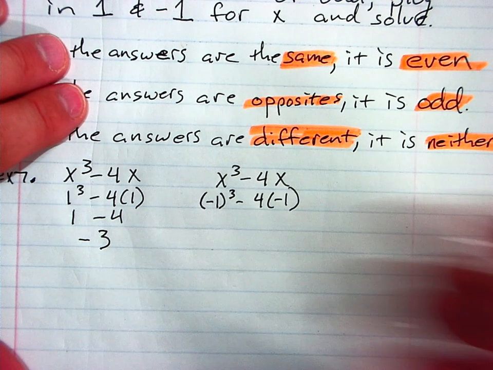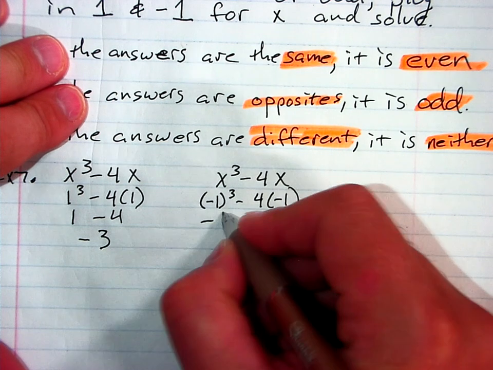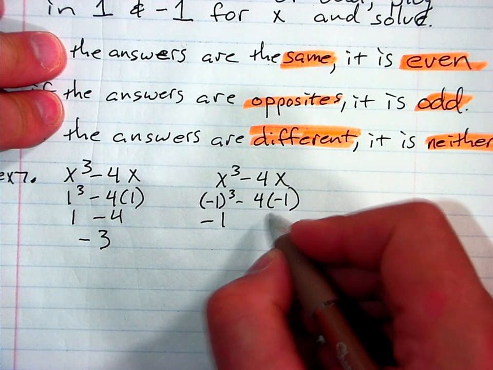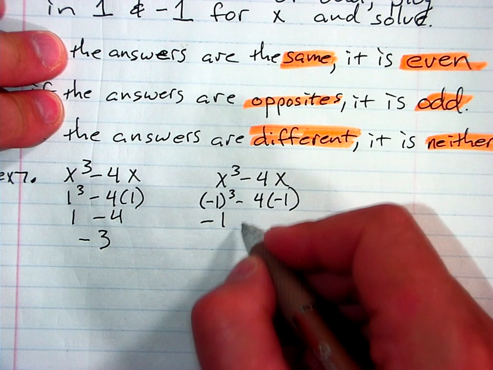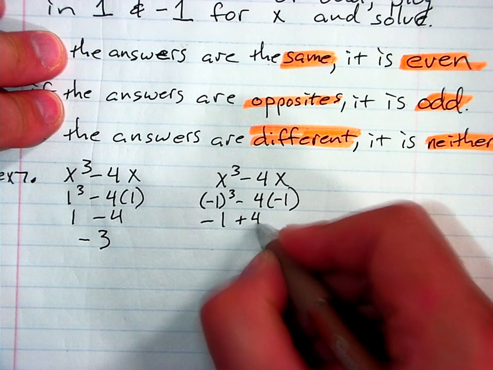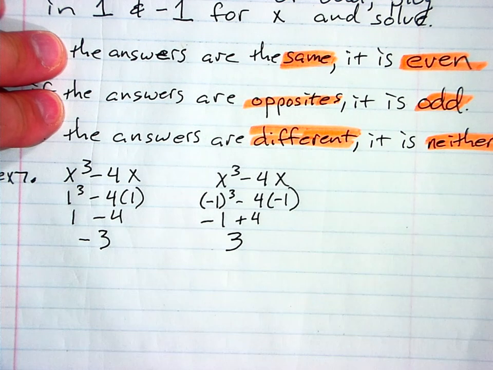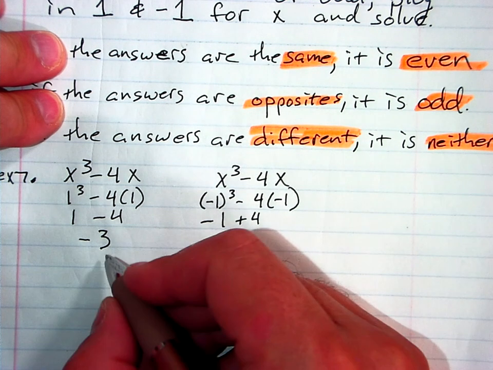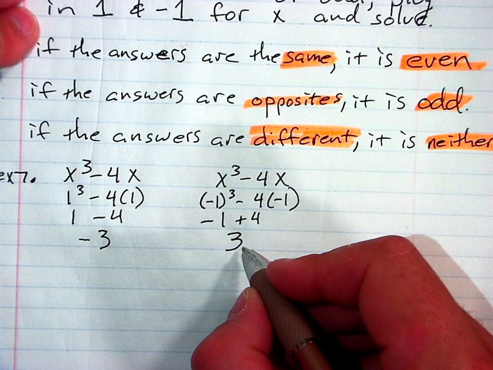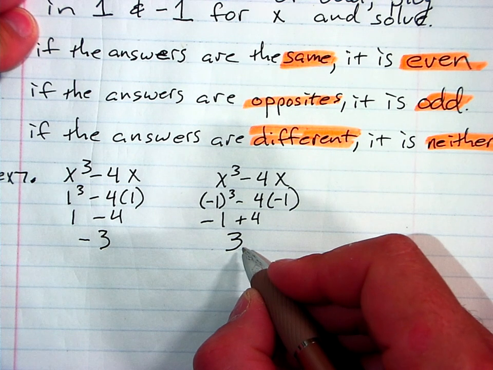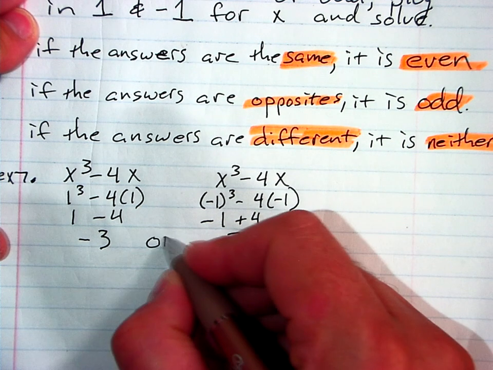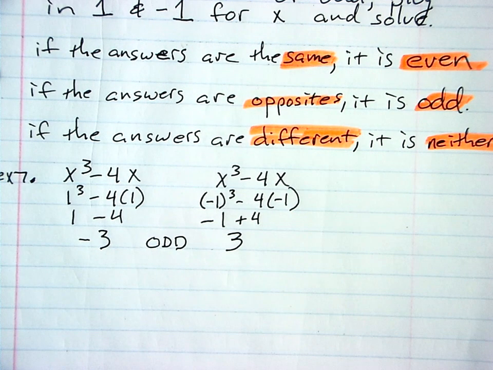I'm not saying you're wrong, just a step ahead. And what's negative 4 times negative 1? Negative 1 plus 4 is positive 3. So we have a negative 3 and a positive 3. So is that same, opposite, or different? It's opposite, so my answer is going to be odd. There you go. Like I said, it's not super difficult once you know what you're doing.